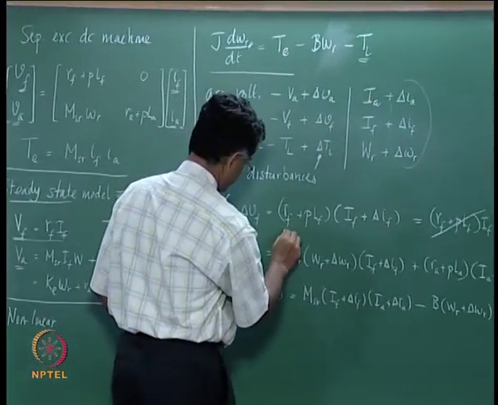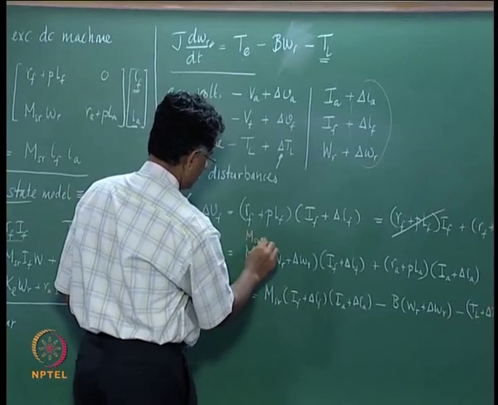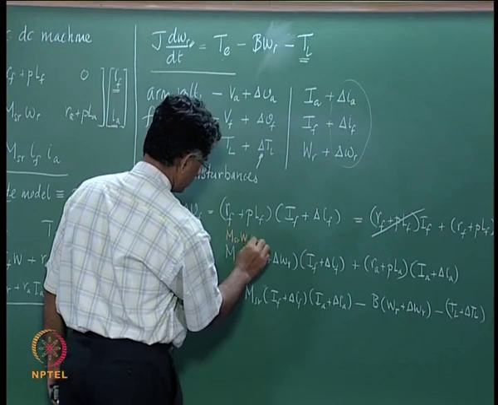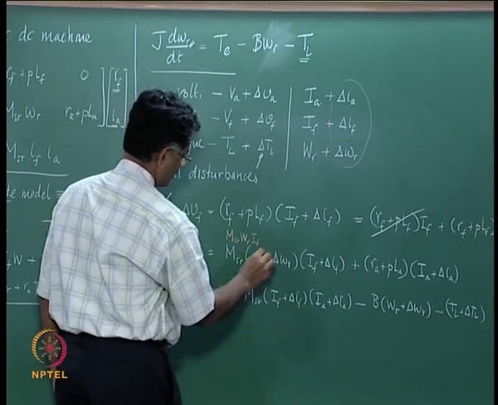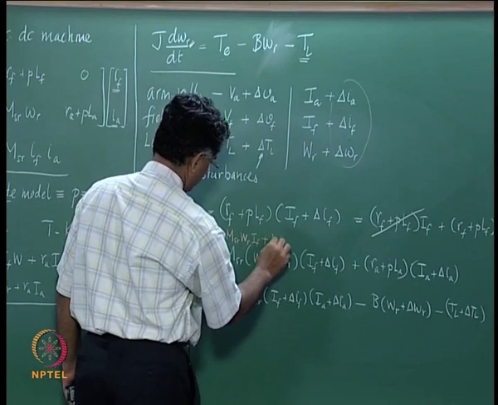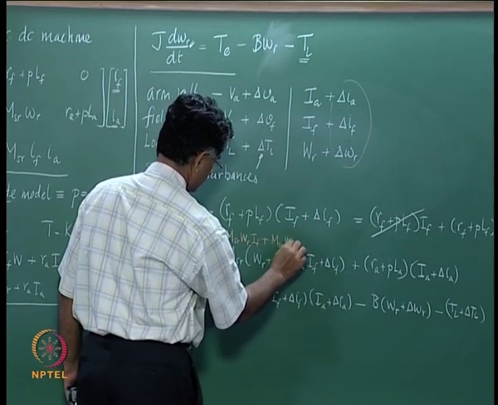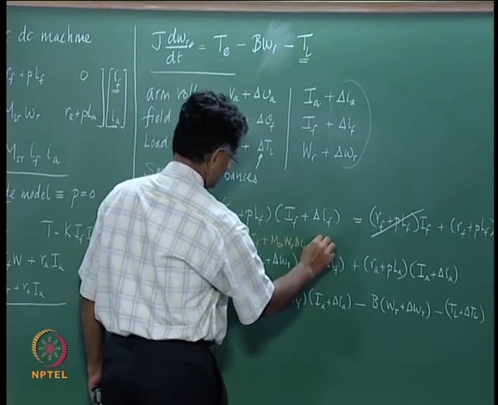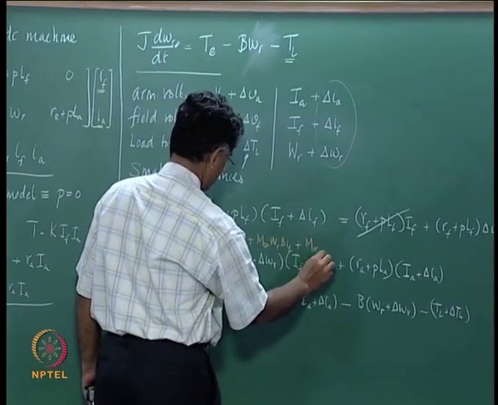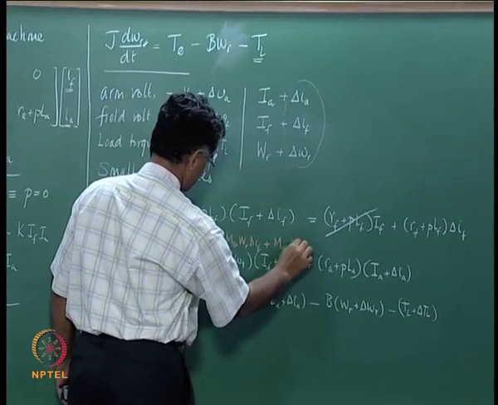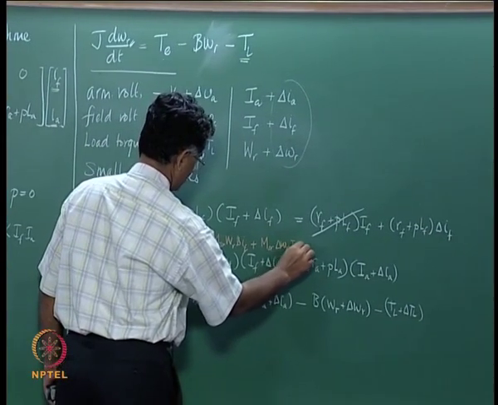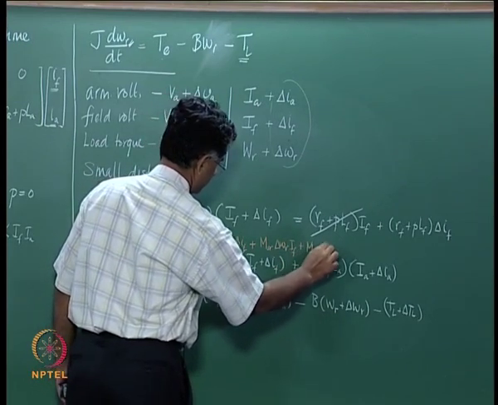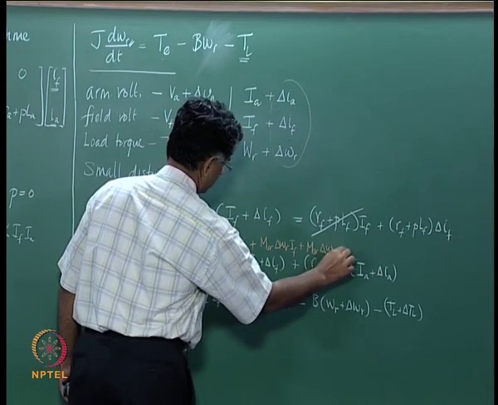This term could be written as MSR into omega r into If plus MSR into omega r into delta If plus MSR into delta omega r into If plus MSR into delta omega r into delta If.